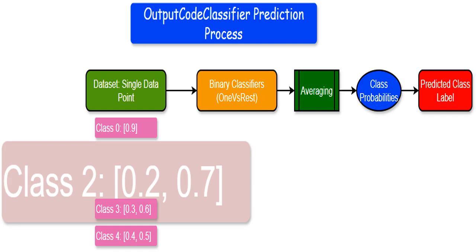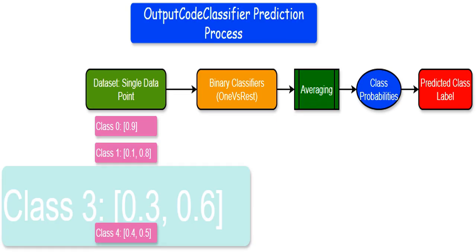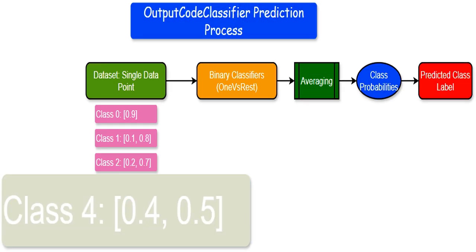The concept of averaging will apply again here. Same situation as class 1 and class 2. 2 probabilities for class 3, 0.3 and 0.6, from the 2 binary classifiers. We will take their average. Finally, we have 2 probabilities for class 4, 0.4 and 0.5. They represent the predictions from each of the 2 binary classifiers used in the one-vs-rest strategy. The averaging applies here as well.